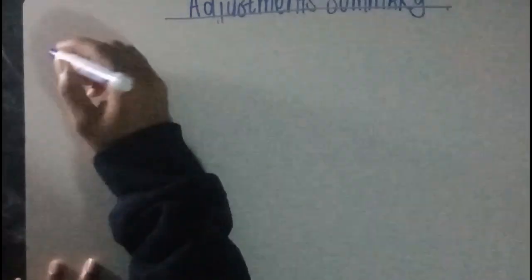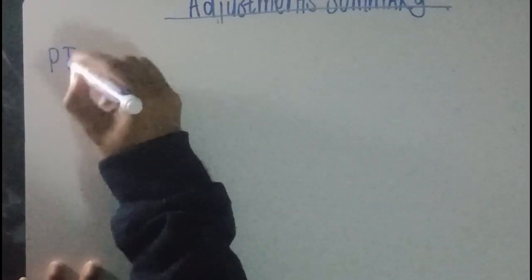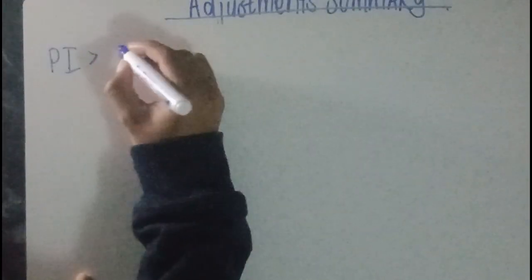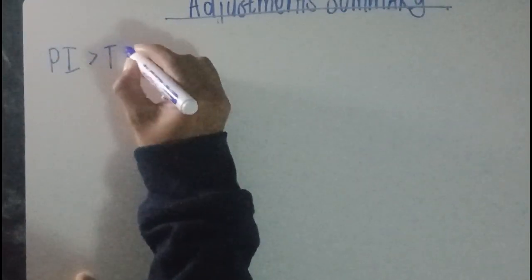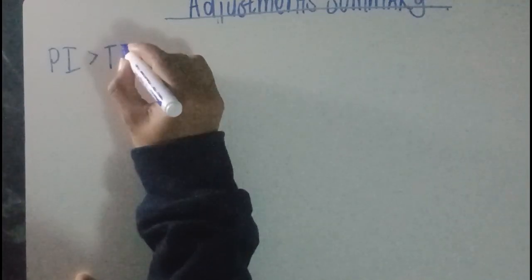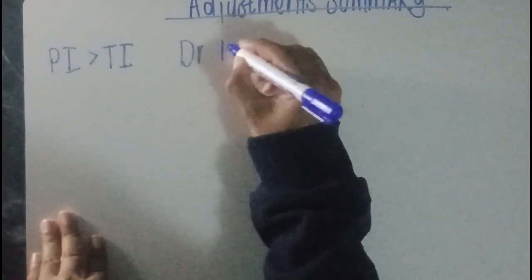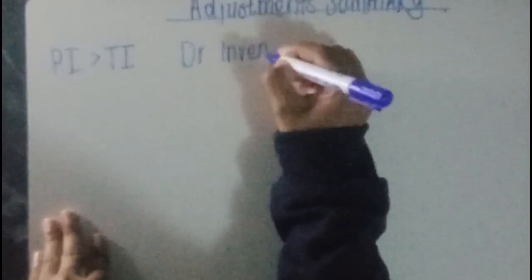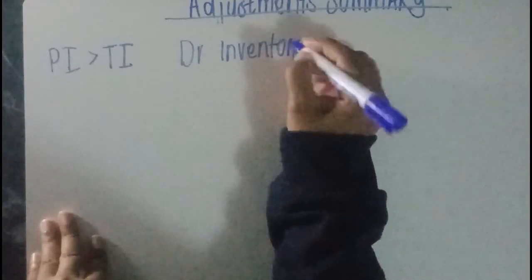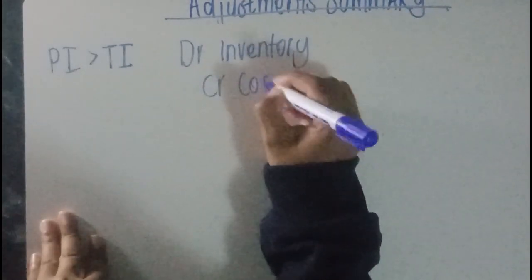So if the physical inventory, I'm just going to write it in short, is greater than the theoretical inventory, what was counted by the business or what they assumed they had, meaning that you're going to debit your inventory and you credit your cost of sales.